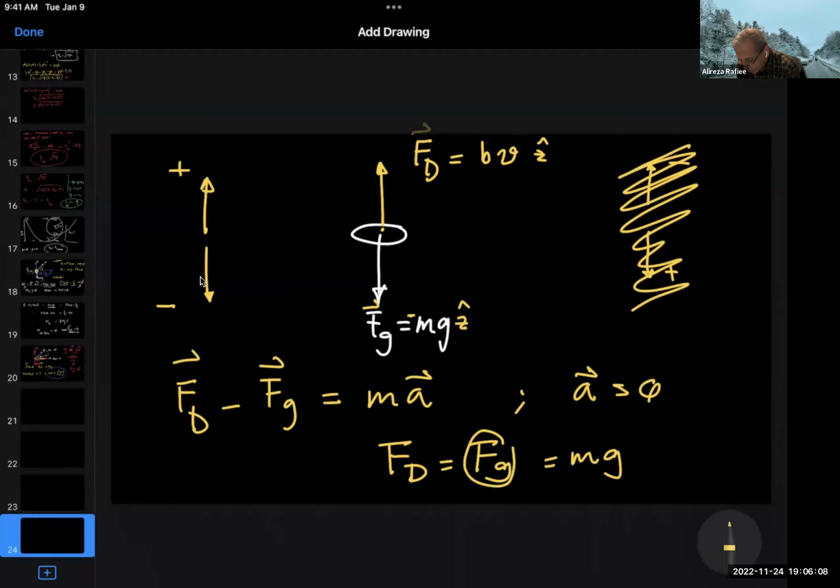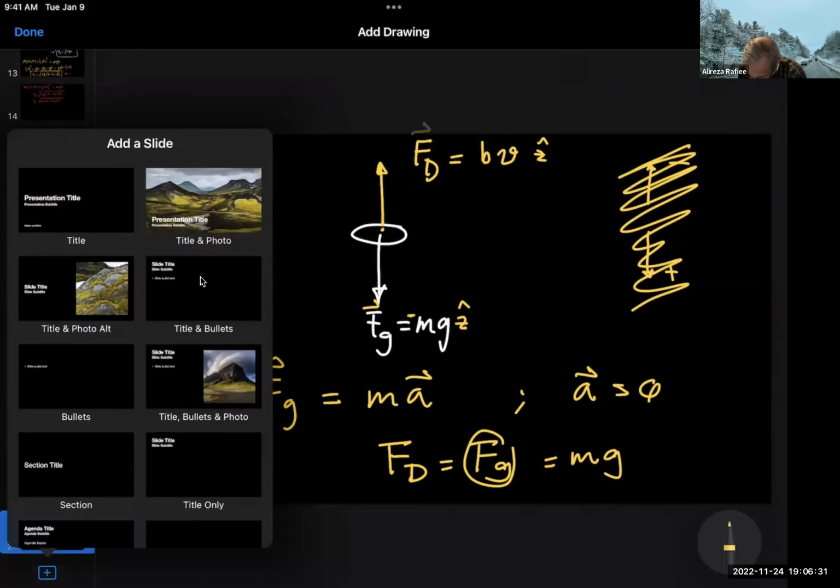And if you plot, okay, so what are you measuring? You're measuring position, you're measuring velocity, and you're measuring acceleration. So let's do it this way.